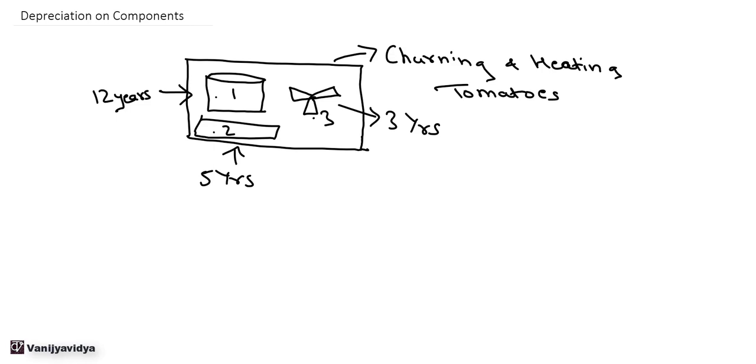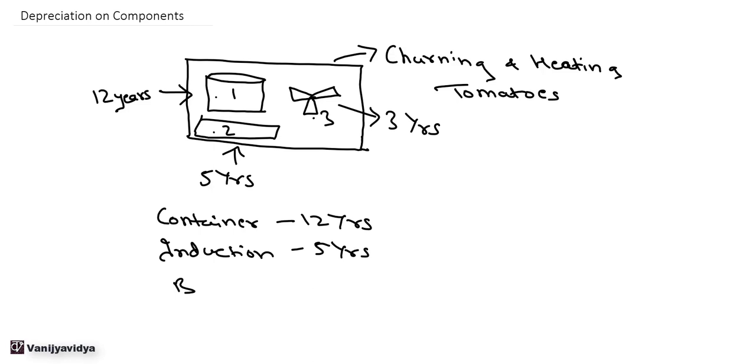For example, depreciation on the container needs to be charged for 12 years, the induction for 5 years and the blades for 3 years.